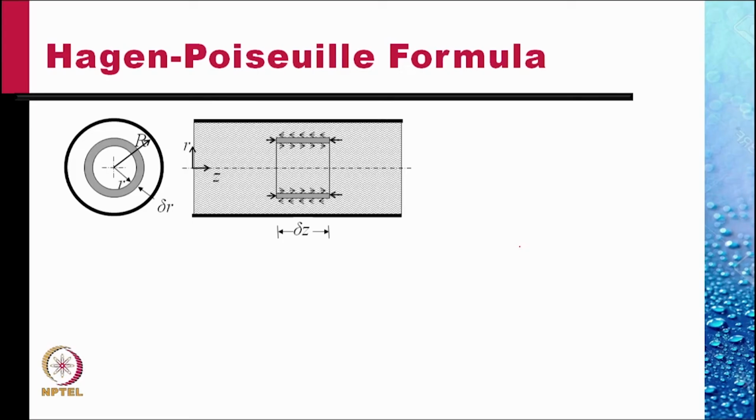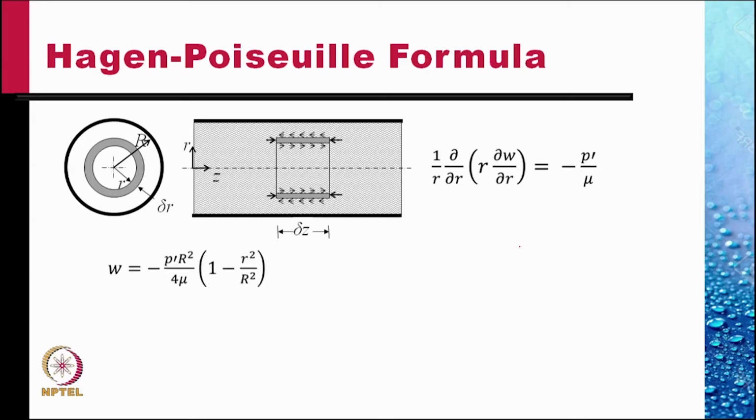There should be no net force, and the force balance gave us this relation for w, the velocity component in the z direction. We showed that P prime is constant, that is, there is a linear pressure gradient down the pipe. From this, we obtained the velocity profile, and the velocity profile is parabolic in r.